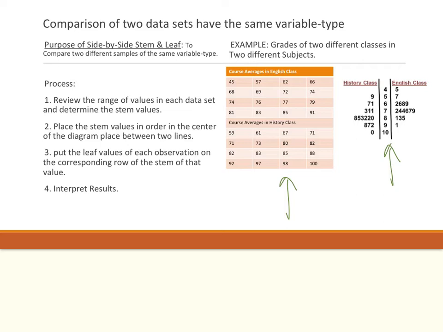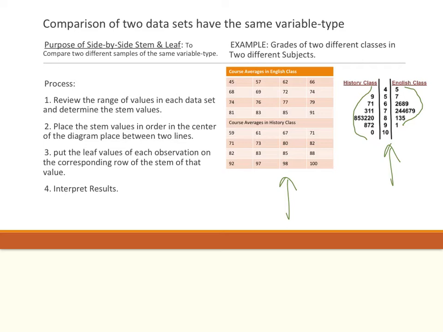So in the case of the history class, we can see the values going from 59 on up to 100, whereas in the English class, it's going from 45 to 91. So here's our distribution for the history class. Here it is for the English class. And what can we determine?